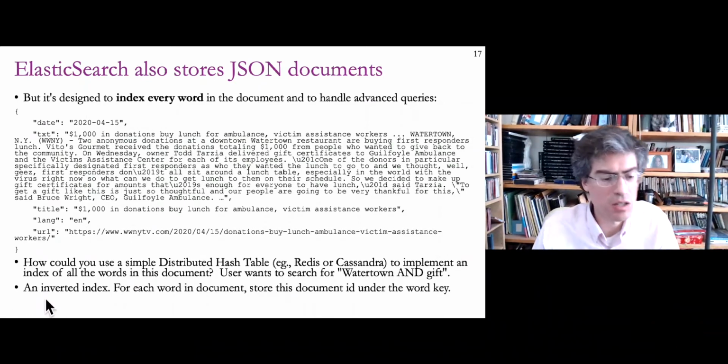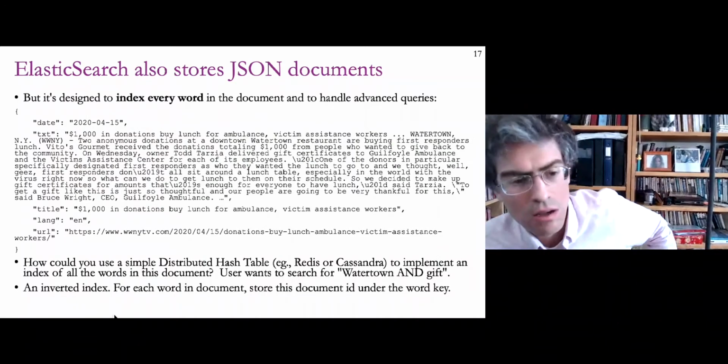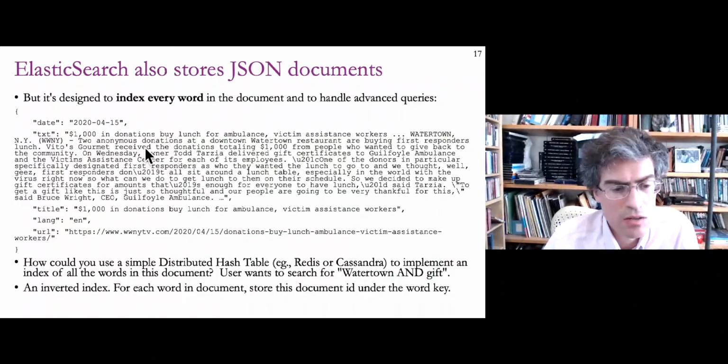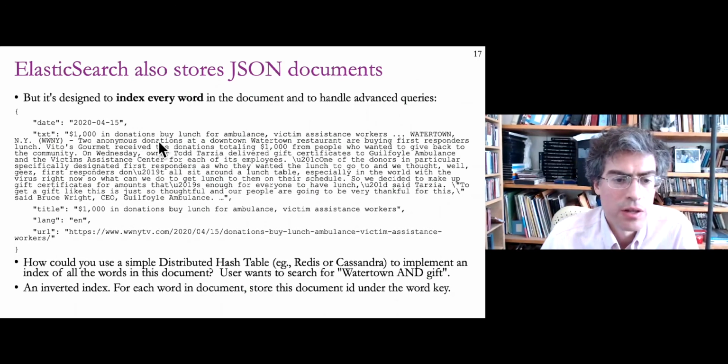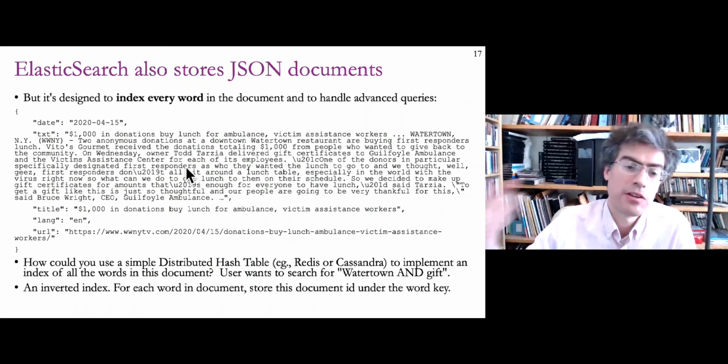Well, the basic solution is called an inverted index. For every one of these, and I kind of just described it, you break up the article into words, and each one of those words is a key under which you should store a reference to this article. Now, of course, each one of these words, like donations, appears in not just this article, but lots of other articles.